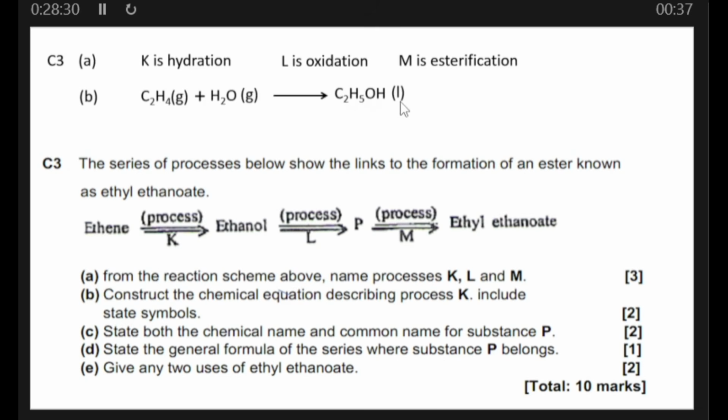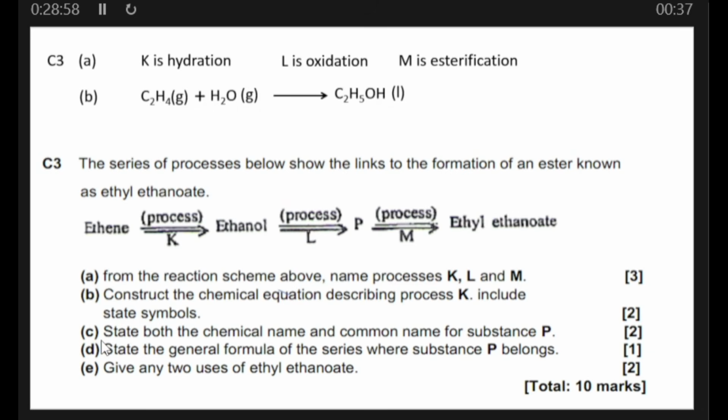It will be liquid form. All right. So now they're saying this must be balanced. When we check here, 2 atoms of carbon, 2 atoms of carbon, 4 atoms of hydrogen plus 2 gives us 6. Then here 5 atoms here plus 1, 6. Oxygen 1, oxygen 1. So it is balanced.